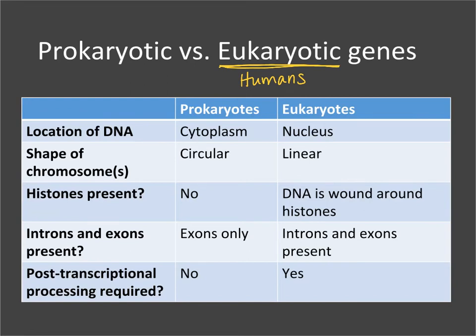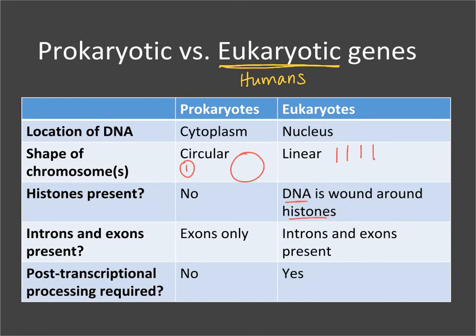Eukaryotes typically have linear chromosomes, and we typically have multiple chromosomes, whereas prokaryotes have one single circular chromosome that holds the entire genome of the prokaryote. Remember that in eukaryotes, our chromosomes are a condensed form of chromatin. And chromatin is made up of DNA wrapped around proteins called histones.